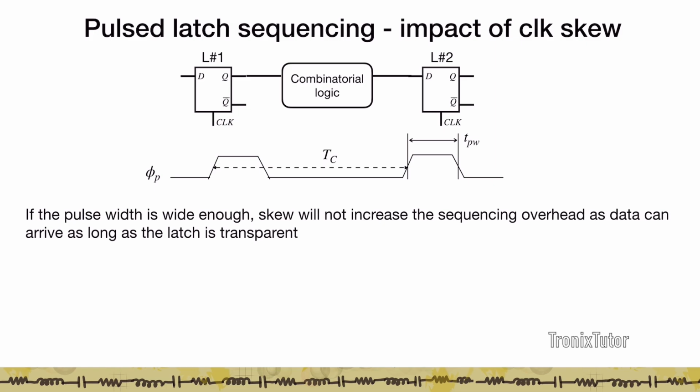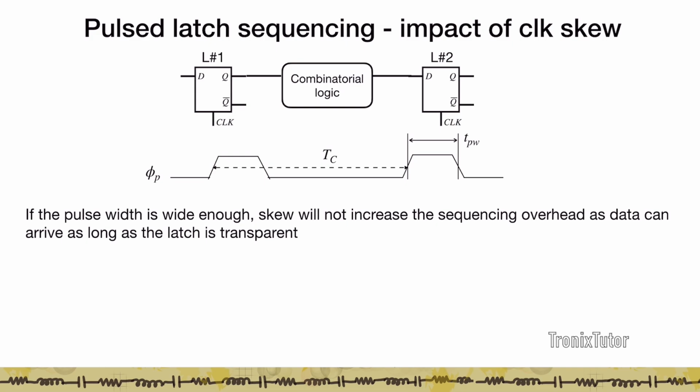Now what happens when we have a skew on the clock? Again, if this pulse width is very large, then we have a time over which these two latches are going to be open, right? And so you see some moderate clock skew over which this is not going to have an impact on the sequencing.